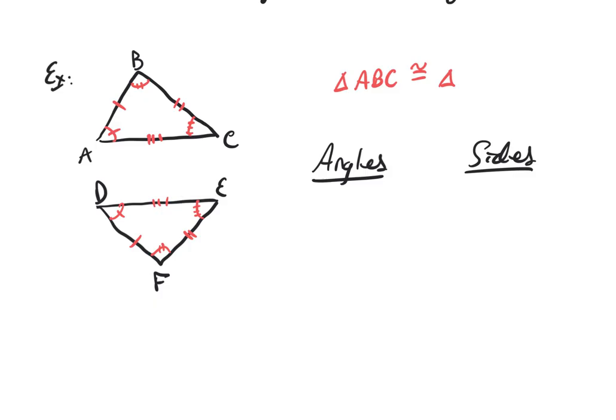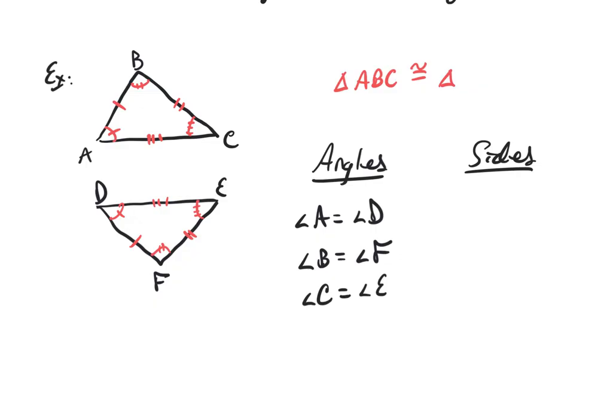So I think you can tell from the tick marks that if I start you guys off with angle A, angle B, angle C, the three angles from the top triangle, you can clearly see which angles in the bottom triangle they're equal to. A has one tick mark, D has one tick mark, so those two are equal and therefore called corresponding. B has two tick marks, F has two tick marks, so we call those corresponding. And finally, angle C has 3 tick marks, angle E has 3 tick marks, so we call those corresponding, right?